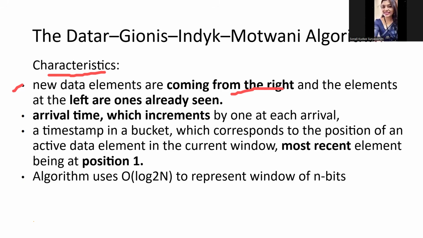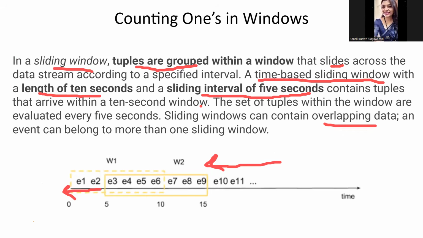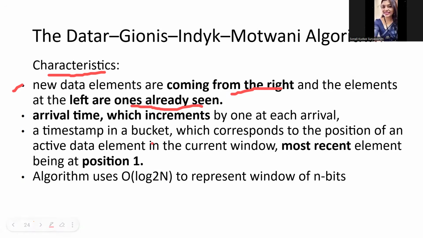That means that is the most recent data that we have seen, and the data that goes out from the left side is data that we have already seen, which can be discarded. Like in the earlier example, data is coming from the right side, which is the most recent, and the data we have already seen is discarded from the left side.